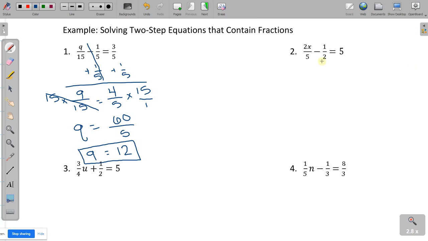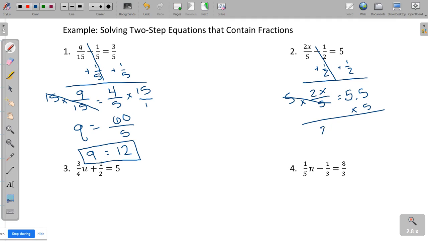Okay, the next one. We're going to add 1/2 to both sides. We bring down 2x over 5 equaling 5 plus 1/2. We can think of that as 5.5. Now we need to get rid of the denominator. So we're going to multiply 5 to both sides.